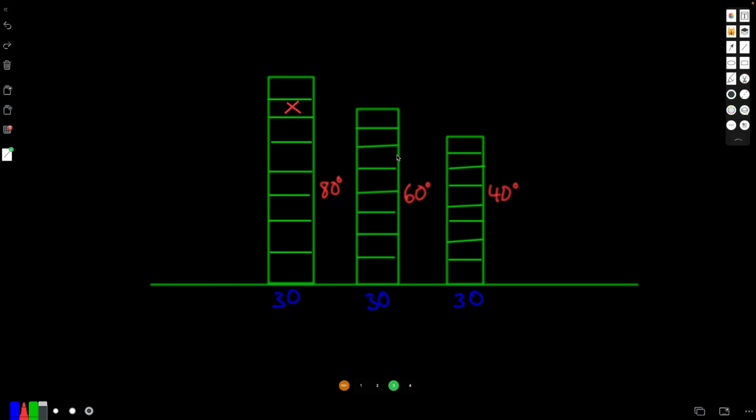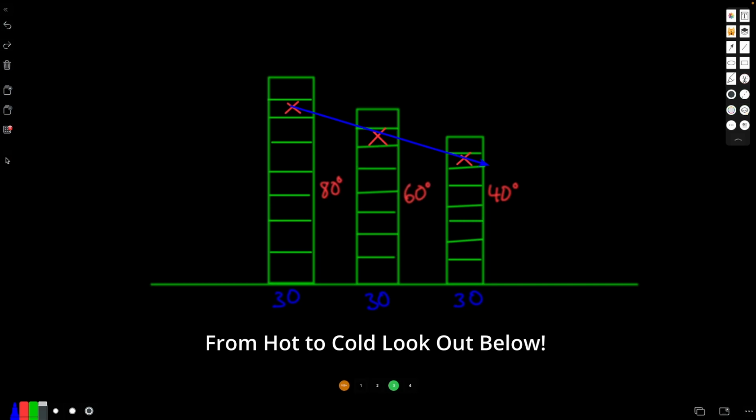Well, look what happens. If we go to the column next to it, the 7th box up is here. And what we can definitely see is a trend. As we go from left to right, we can see that the plane is in fact descending in altitude. The true altitude is decreasing, but the indicated altitude is going to be the same.